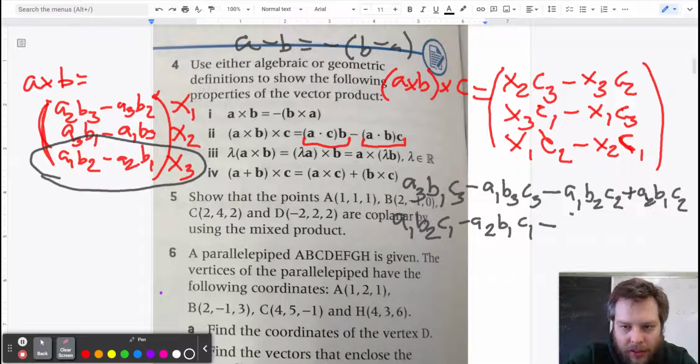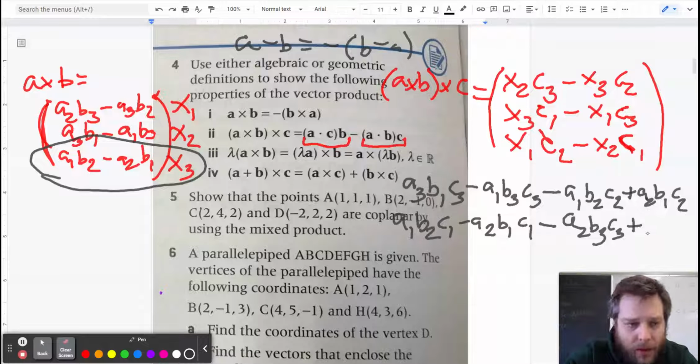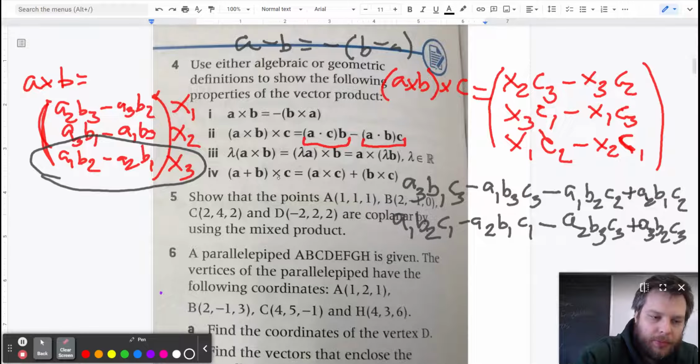So x1 goes a2 b3 c3 double minus a3 b2 c3. Almost done. Let's move this out of the way.